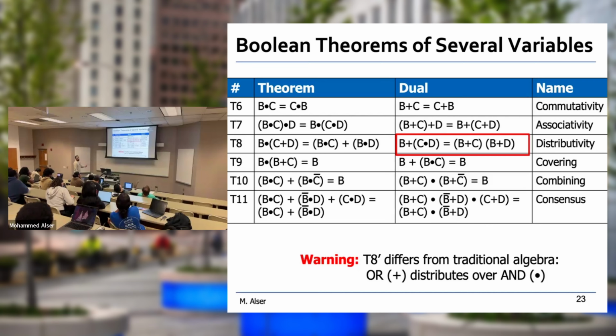Now we have a mix of a plus and a dot in the same equation. So B multiplied by C plus D is the same as if you distribute the B to the C and B to the D. So B multiplies C, all parentheses, plus B multiplies by D, all parentheses.